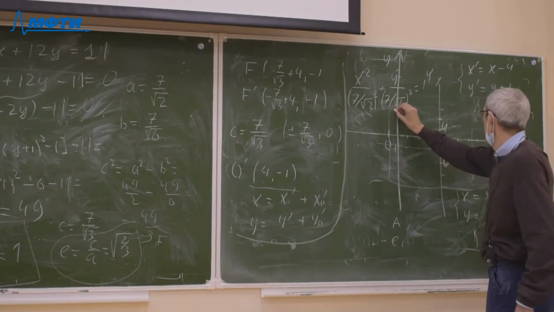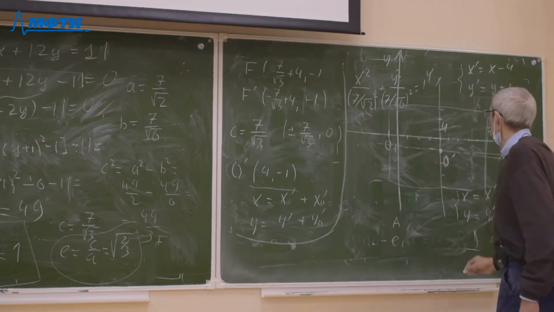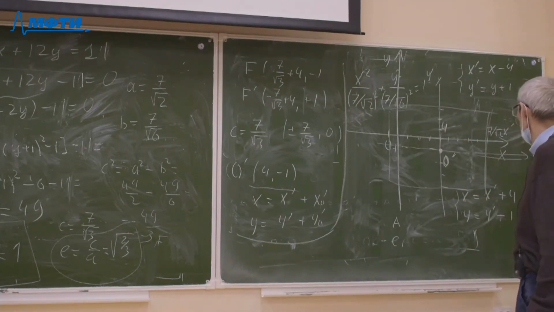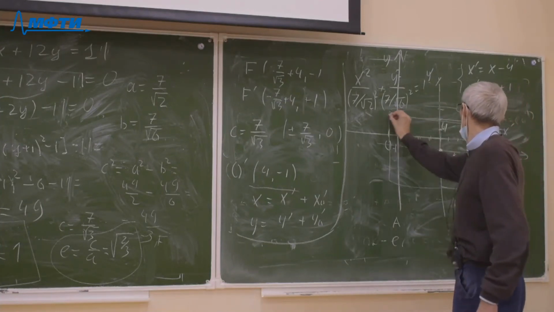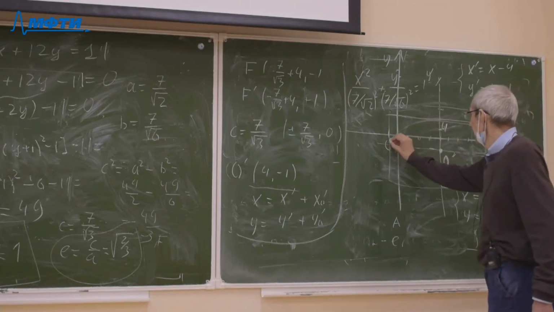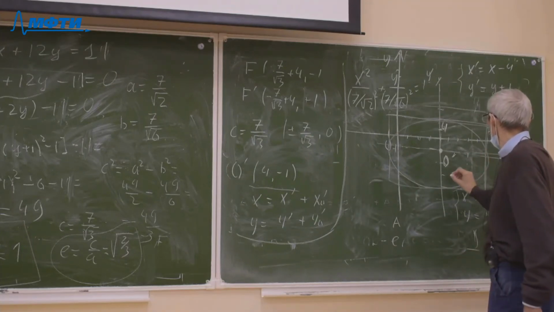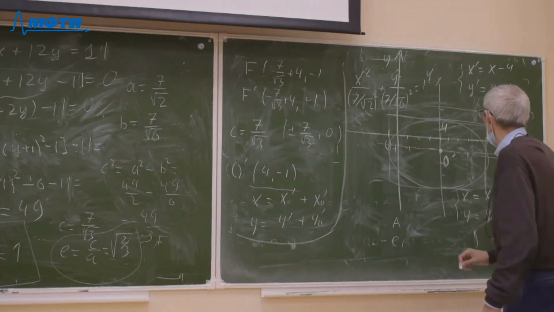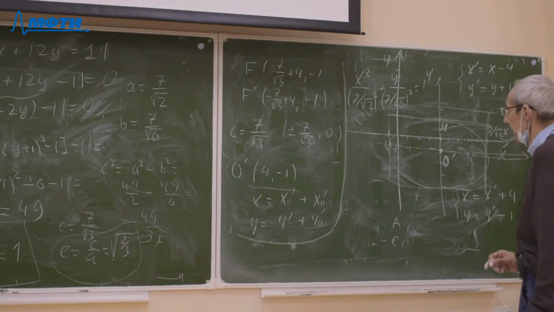What do we have? We have the basic rectangle of the ellipse, and we can find the foci in this new coordinate system.